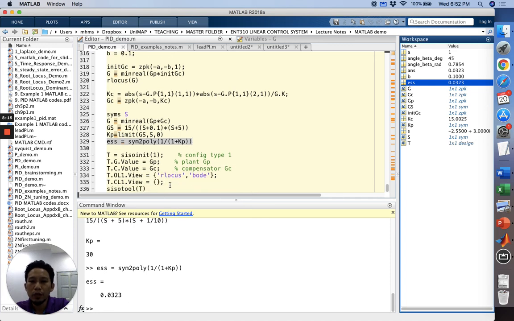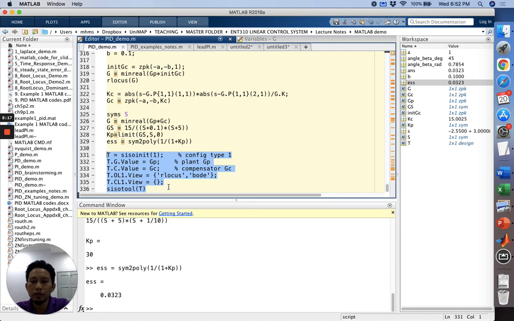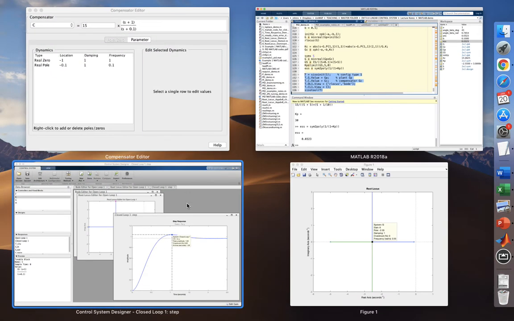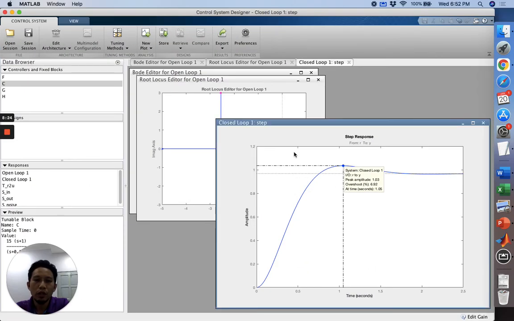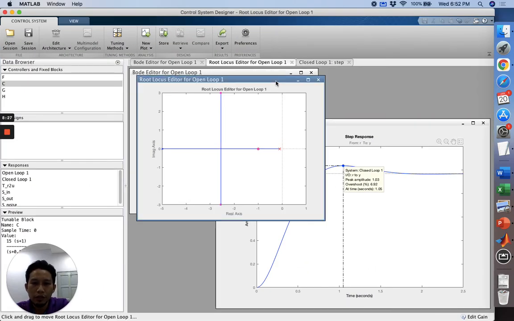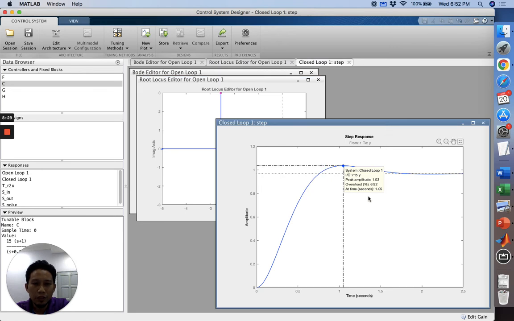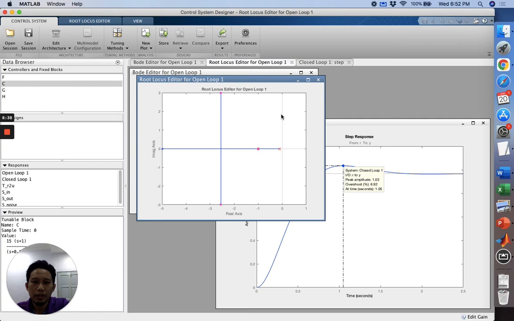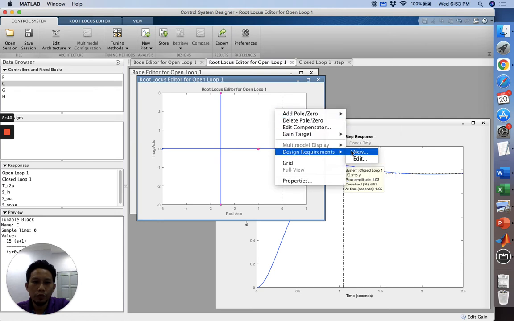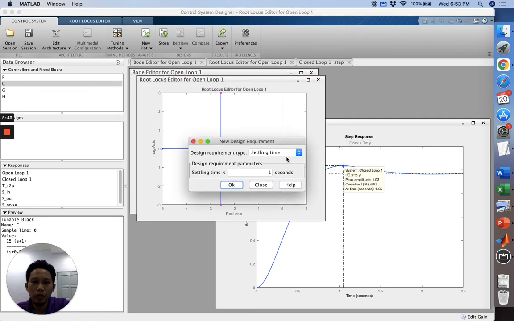Then we can plot using the SISO tool, and what we get is this plot. The step response is about 6.92% overshoot at 1.05 seconds. So we could improve this. We want the percent overshoot less than 10%.